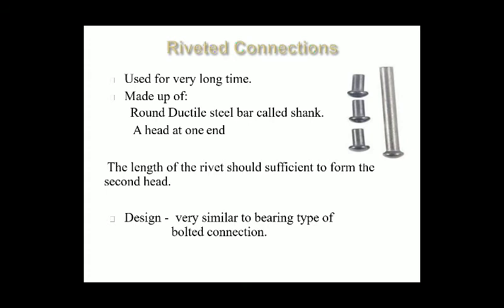Riveted connection is nothing but connections in which rivets are used. In this figure, you can see the rivets. A rivet is a totally finished product. It has a head and a shank, also known as the body. The rounded portion is known as the head, and the cylindrical tube-like portion is called the shank or body.